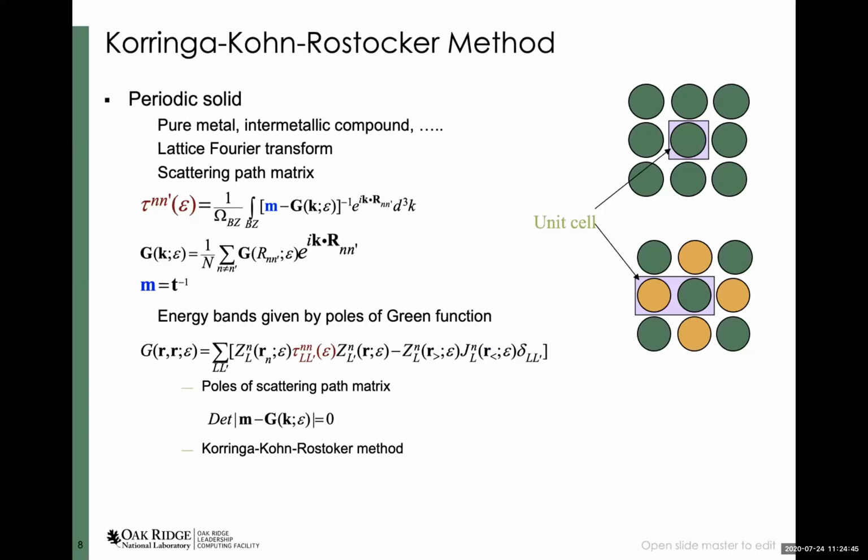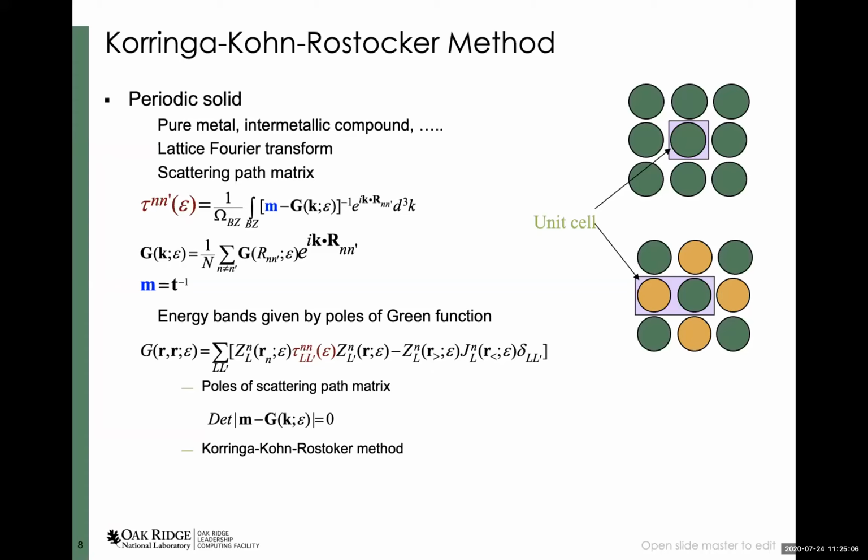So there are various ways you can describe the system. If you have a very small, simple periodic system, you could use the Korringa-Kohn-Rostoker method, the KKR method.